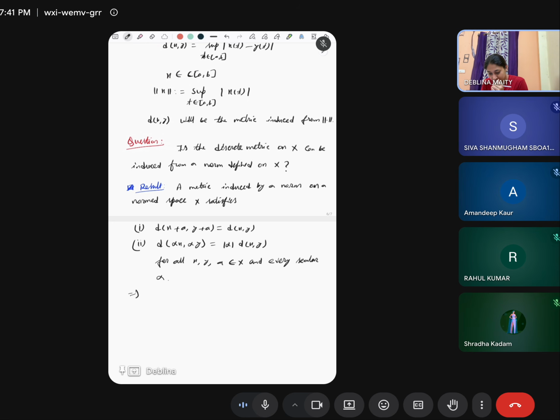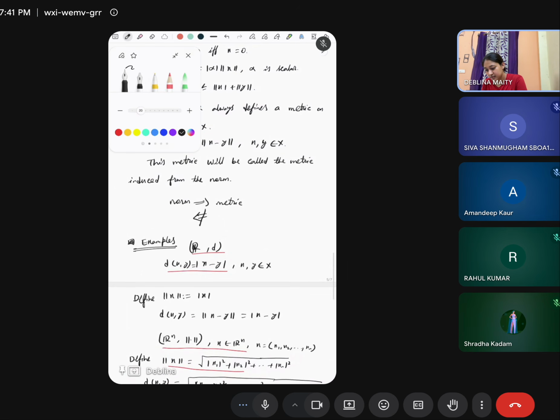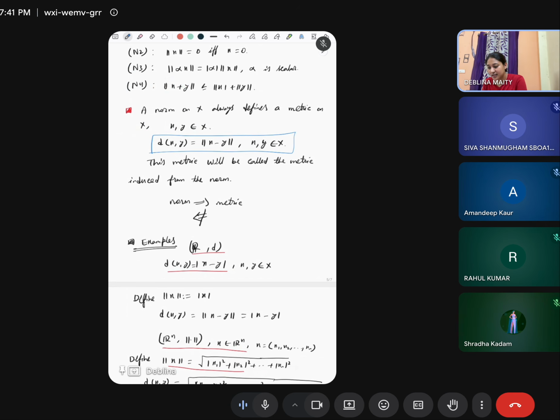First we will prove this result. This is an easy proof. So this d comes from a norm. For the first one, d(x + a, y + a) is, since it comes from a norm, the norm of (x + a) minus (y + a), because this is the induced metric: d(x, y) is the norm of x minus y.